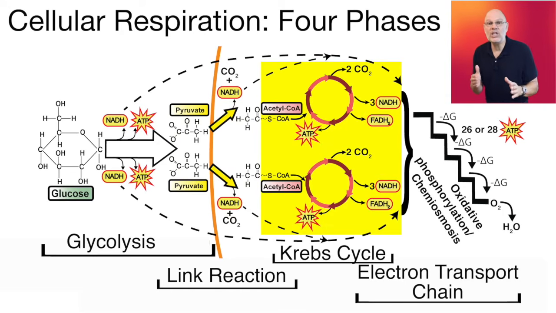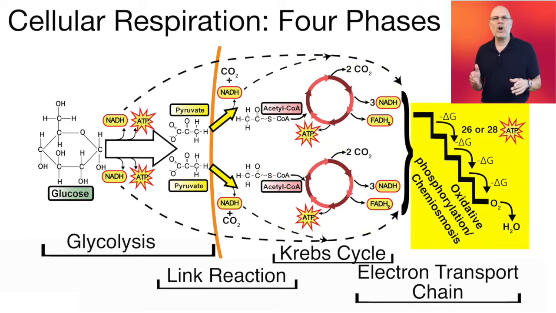A little bit of additional ATP, another 1/16 of the total, is made in the mitochondria through a series of cyclical reactions called the Krebs cycle. And the vast majority of the ATP, the other 7/8, is made at the end of the process. That's the stairway over here called the electron transport chain. The way that it works is phenomenally cool, and it'll be the main focus of the next video.